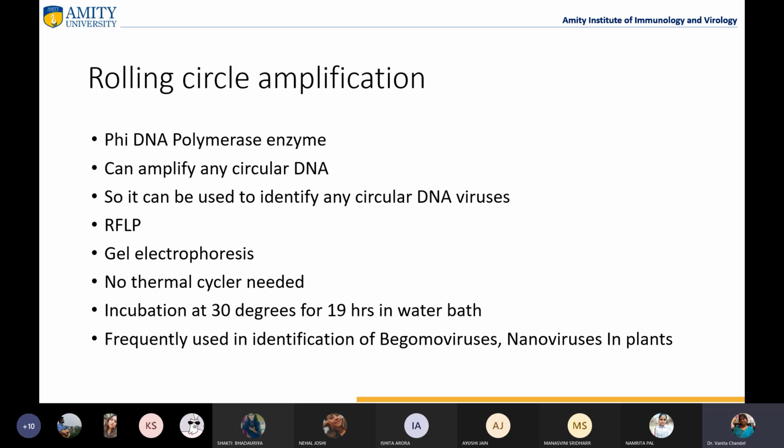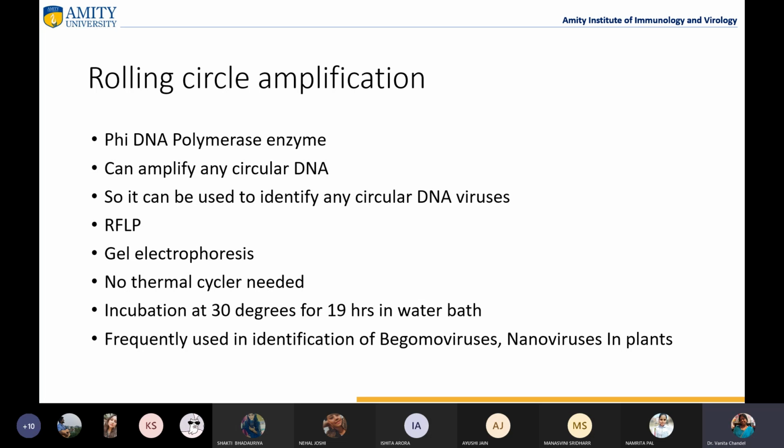We just need an enzyme, phi DNA polymerase, and this enzyme can amplify any circular DNA. For example, Begomoviruses are circular DNA viruses that infect a lot of plants. When we are suspecting any such virus in the plant, we can directly go for amplification using this phi DNA polymerase.